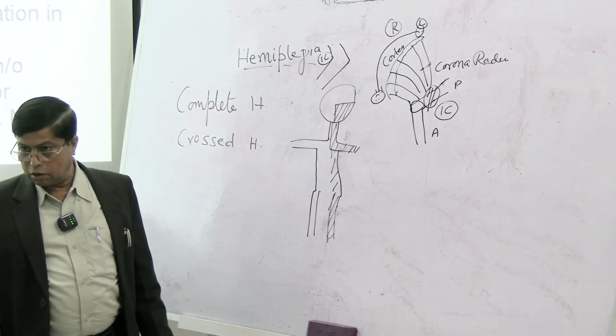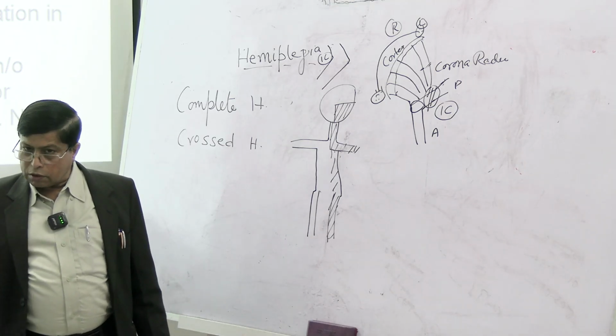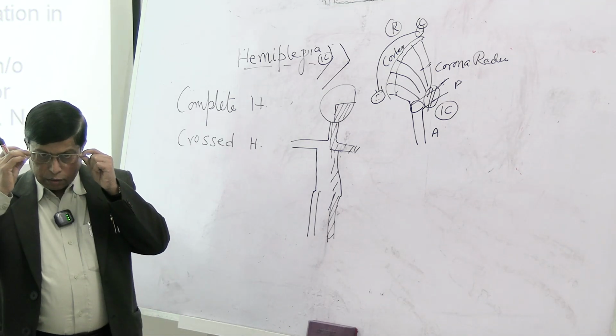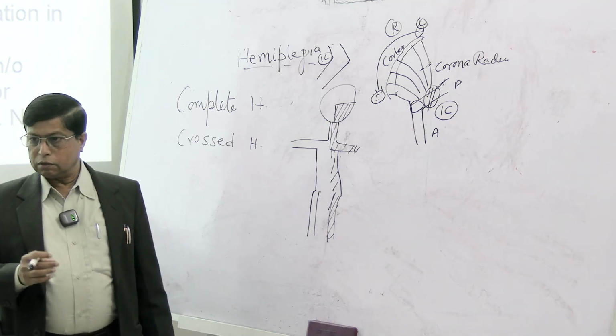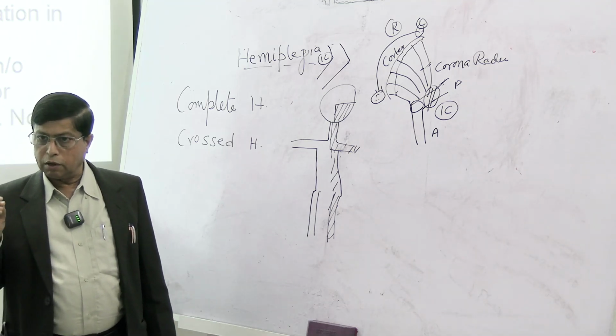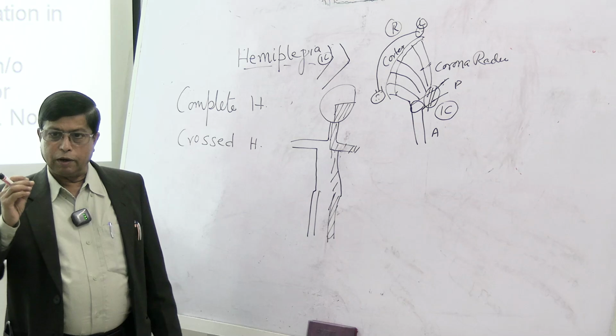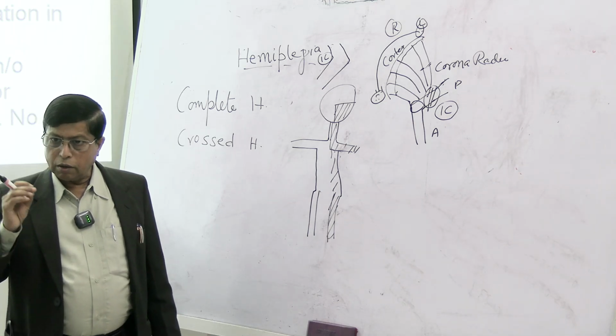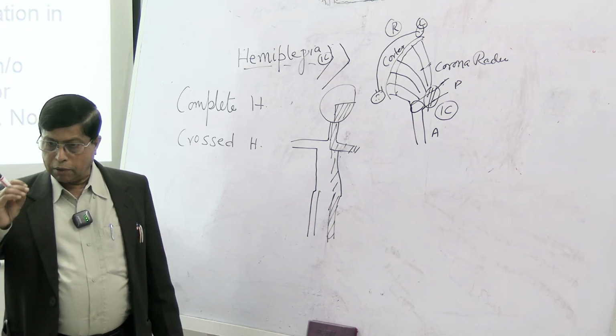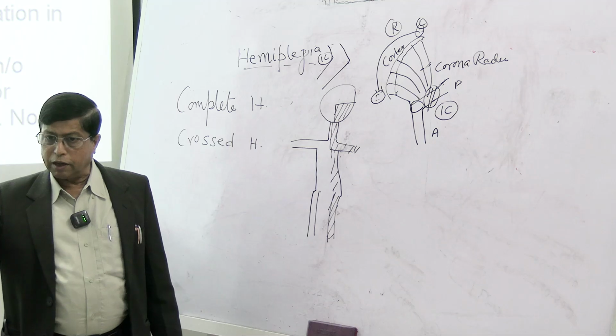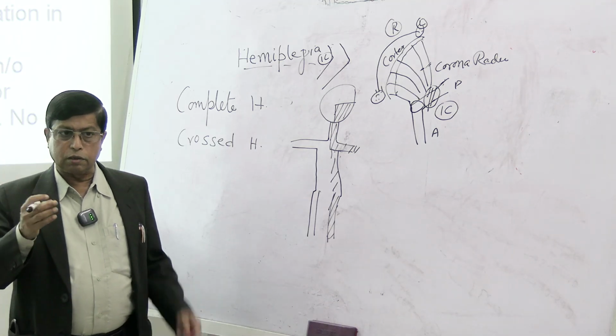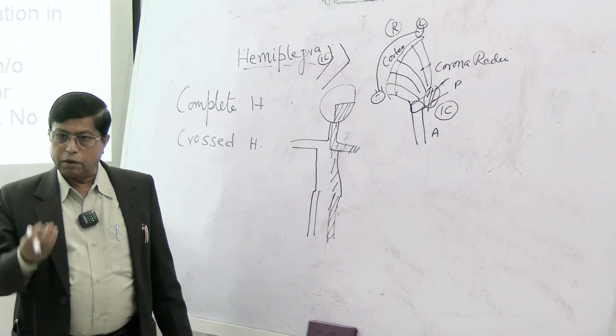Most common is a lesion of the lenticulostriate branch of the MCA, the middle cerebral artery.